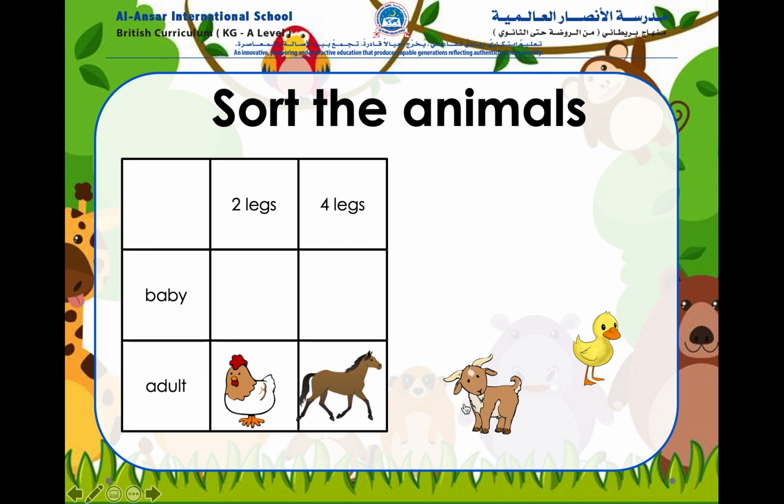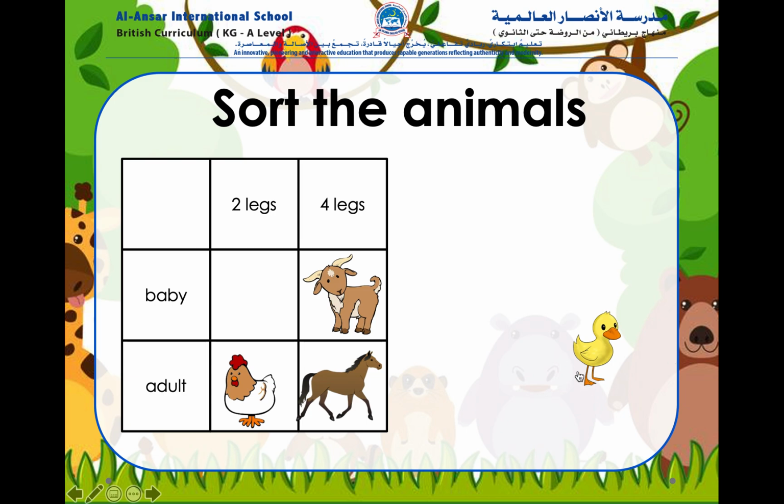How many legs does this goat have? Does it have 2 legs or 4 legs? It has 4 legs. And is it a baby or an adult? It is a baby. Excellent.